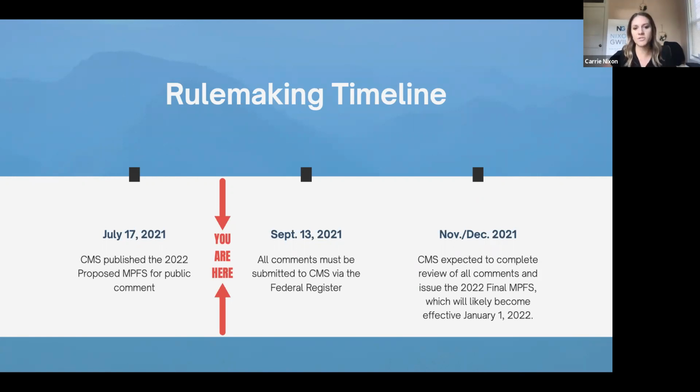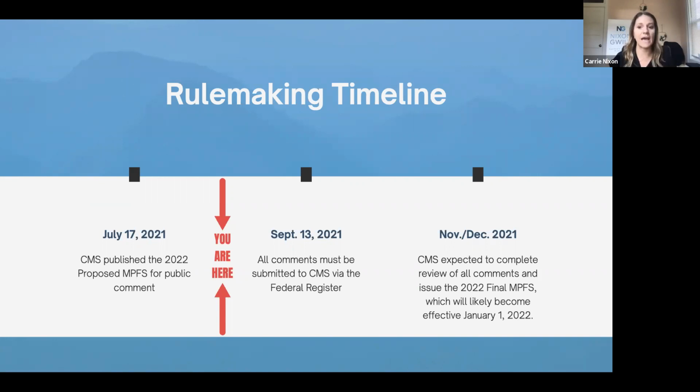So you'll see on your screen these big red arrows showing you where we are right now. We are in the comment period right now. This is your opportunity to give CMS your feedback on what has been proposed for 2022. And most importantly, they're required to read it. They have to read the comments that you submit, and they have to consider the feedback that you're providing to them.